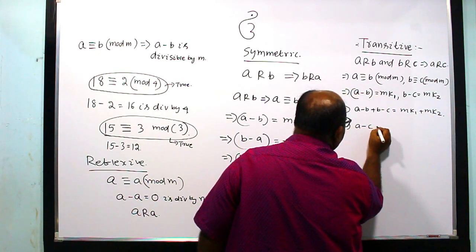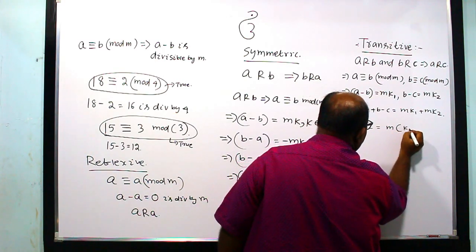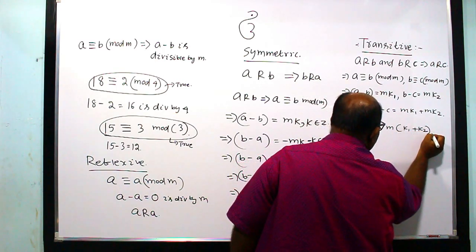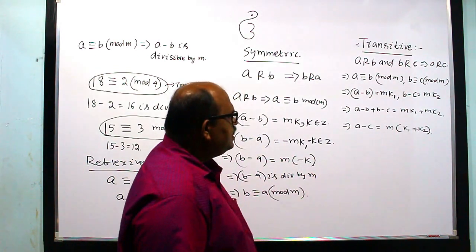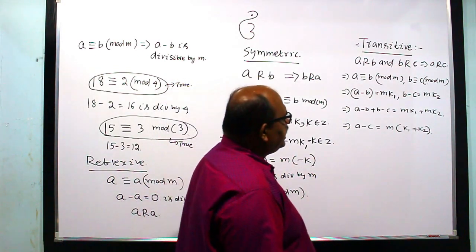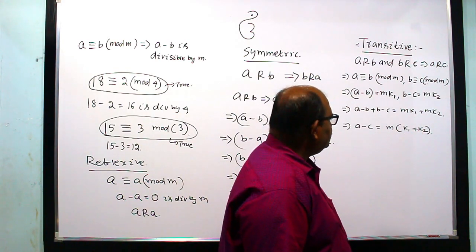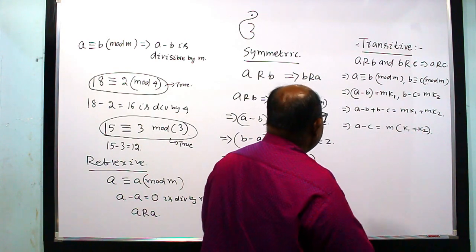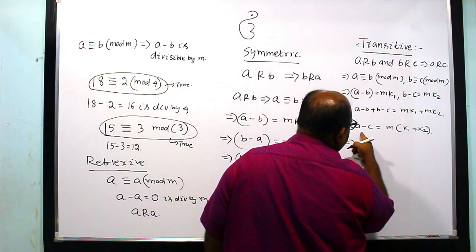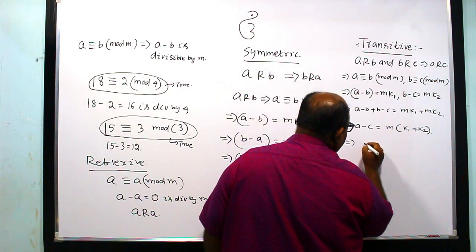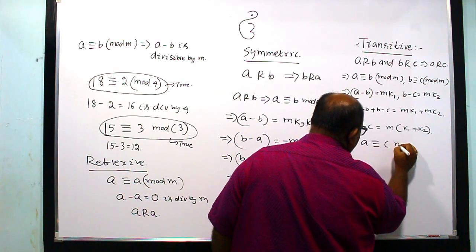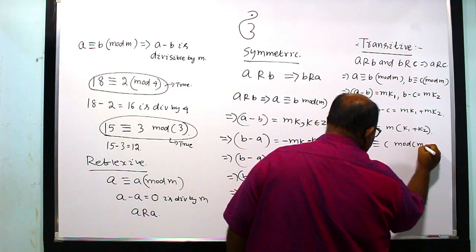This implies A minus C is equal to M bracket K1 plus K2. So if K1 is an integer and K2 is an integer, then K1 plus K2 is also an integer. This implies A minus C is divisible by M, so I can write A congruent to C mod M.